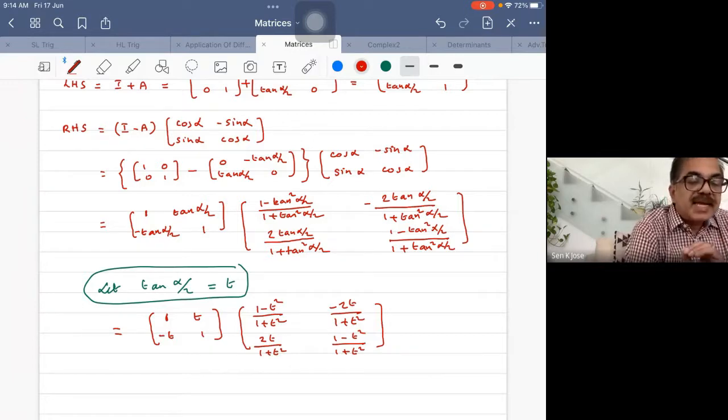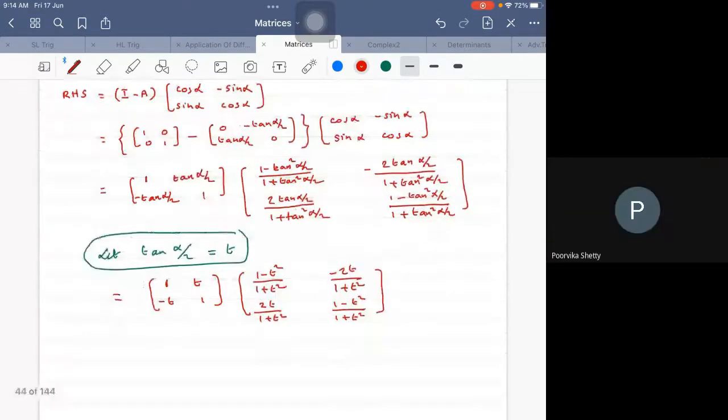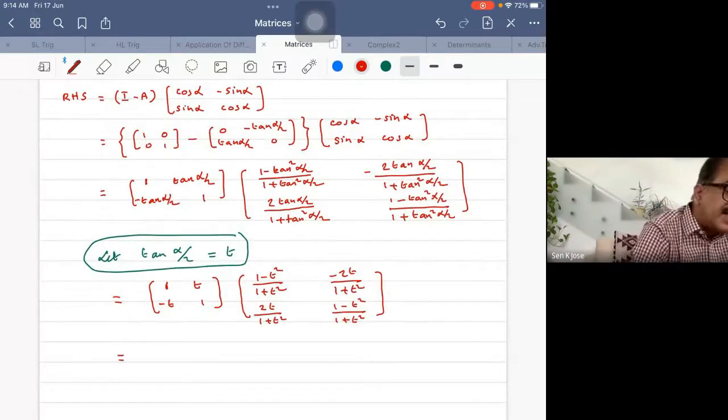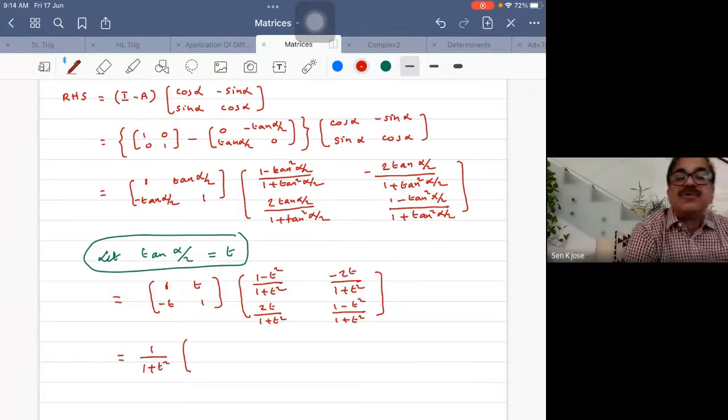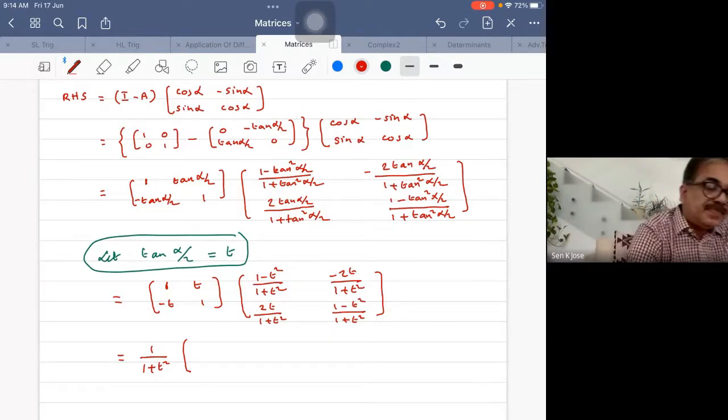Purvika, in the second matrix, there is a common factor. Can you tell me what is common in the second matrix? The denominator 1 plus t square. Or rather, I say it is 1 by 1 plus t square. 1 by 1 plus t square is common out of the second matrix, which I bring and place right in front.